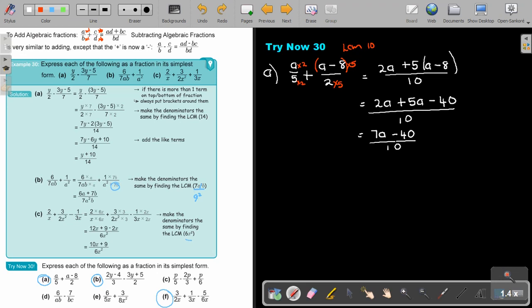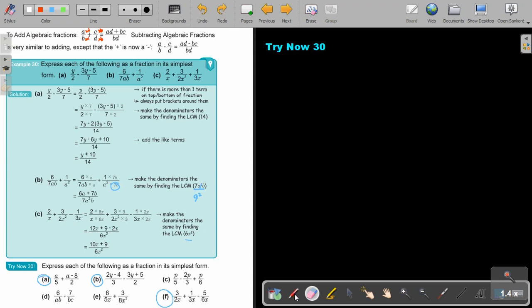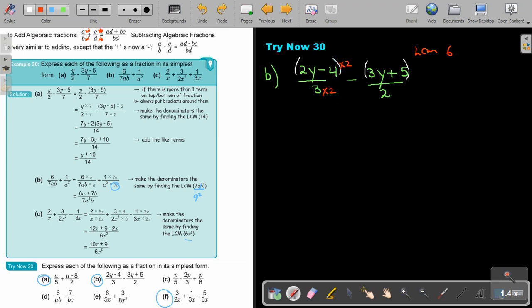Let's look at number B. So this is 2y minus 4 over 3 minus 3y plus 5 over 2. Again, don't forget, put brackets, always. And then what is your LCM? My LCM will be 6. 6 divided by 3, so I multiply 2. 6 divided by 2, I multiply 3, and then put that in front of the bracket.